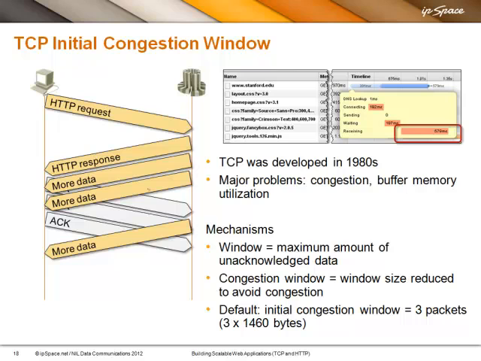It has windowing, where we know how much buffering is available on the receiver end, so we don't overload the receiver. And it has something called the congestion window, so that we can test how much can be sent without congesting the network. The congestion window is always less than the window size, and it's the window size reduced to avoid congestion.